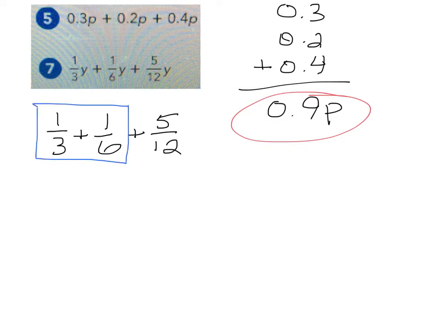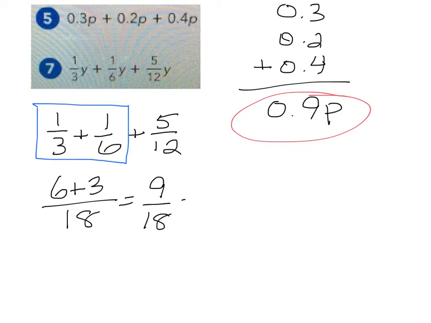I personally am going to just focus on 1/3 plus 1/6. Now, you can boom boom pow this. So 1 times 6 is 6, and then 3 times 1 is 3, over 3 times 6, which is 18. So that becomes 9 over 18, which reduces to 1/2.